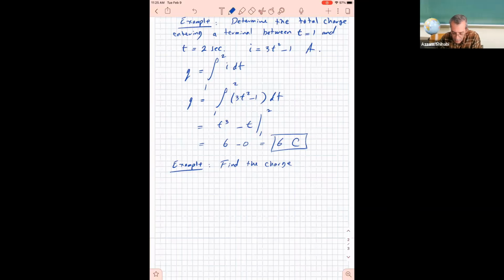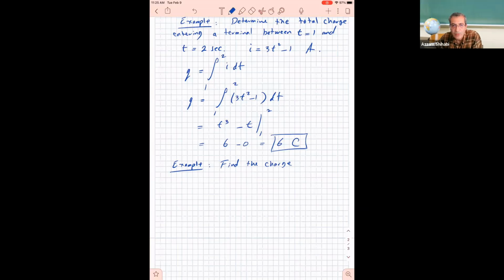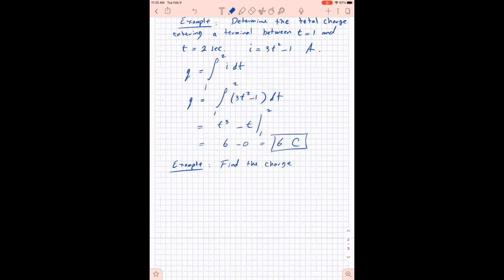You put, isn't it t squared over 2? No, it's 3t squared minus 1. It's not 3t squared minus t. Okay. Yeah, 3t squared minus 1. Okay.